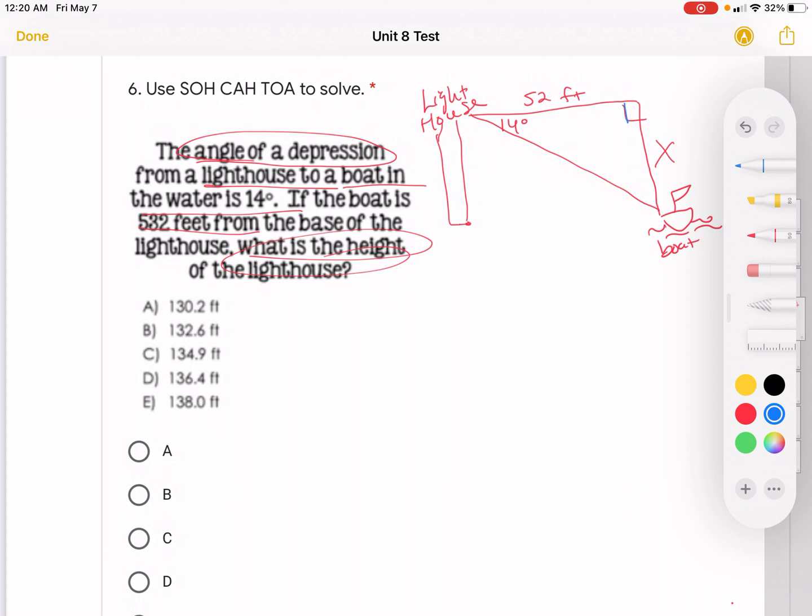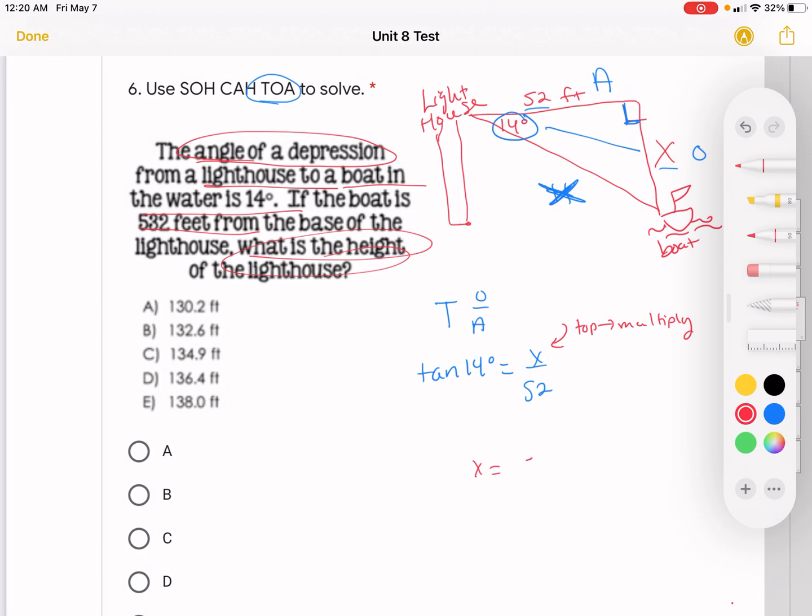Now I'm going to label my hypotenuse. 14 is my angle, so X would be opposite. 52 would be adjacent. So here we're using O and A, which comes out in TOA. So tan 14 degrees equals, our O is X, our A is 52. X is on top, we're going to multiply.